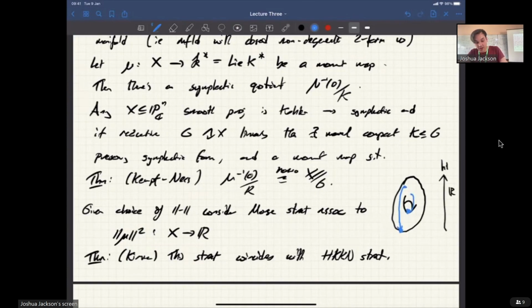So you get a stratification into locally closed pieces, depending on where you end up when you flow down under gravity. And that is essentially the idea of this Morse stratification. And the theorem says that this HKKN stratification, which is a purely algebraic thing, you can define symplectically.